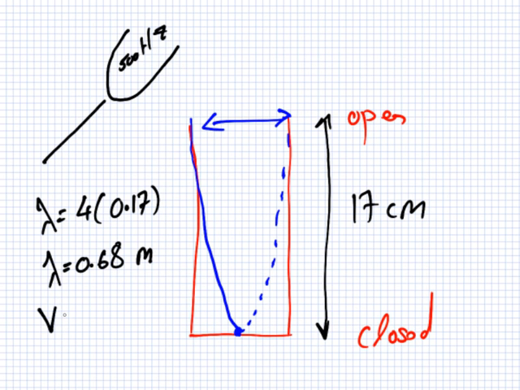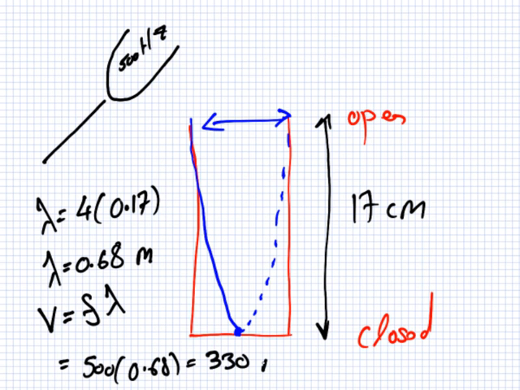V equals F lambda. So that would be 500 times 0.68, which would equal, what would it equal? I think it should be 330? 340. 340.